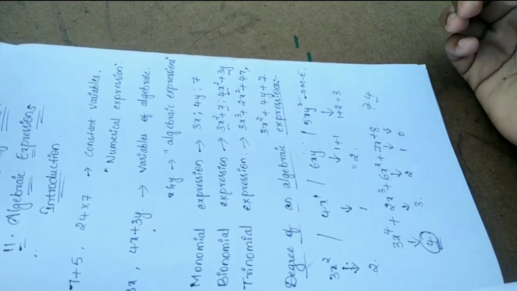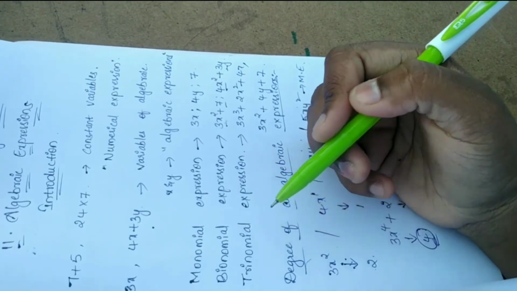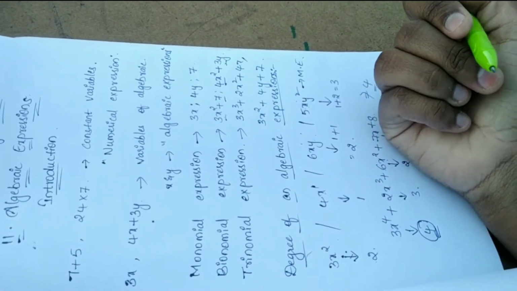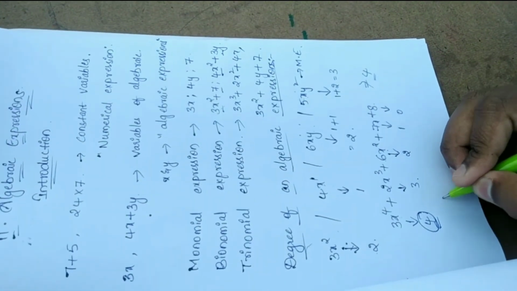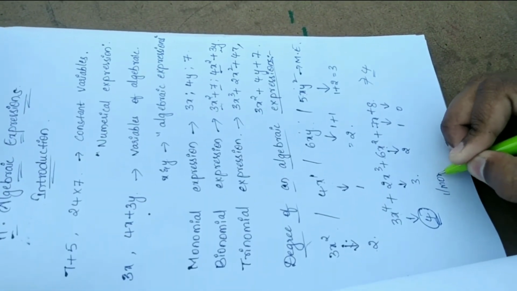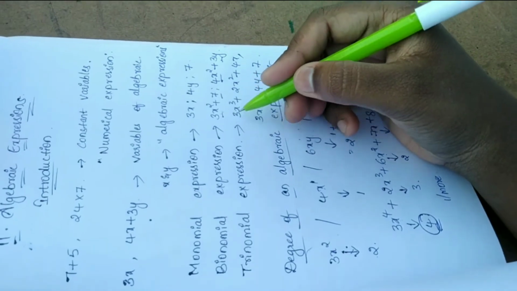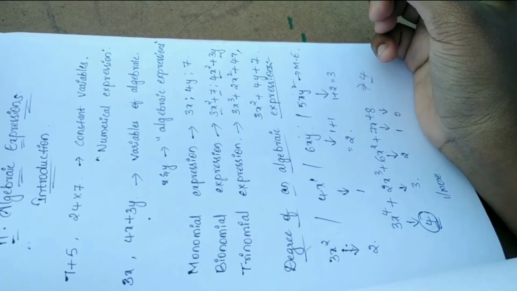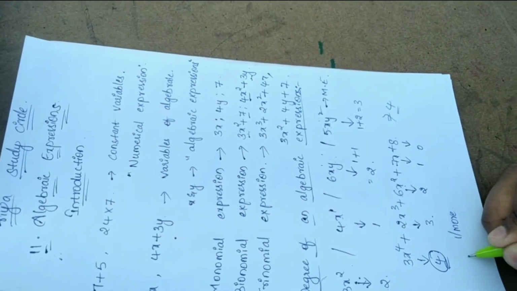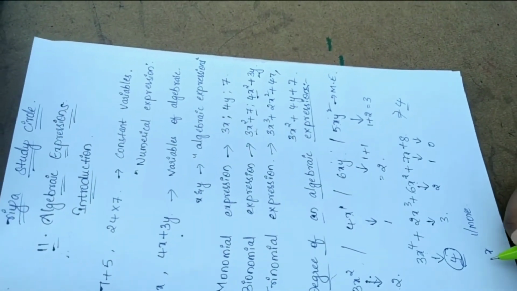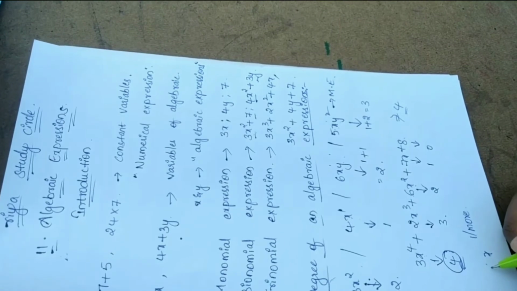And also, except monomial, binomial, trinomial, we have another one also. What is that means? An expression with one or more terms like this. One or more terms with non-zero coefficient means if we have x, this coefficient must be non-zero.